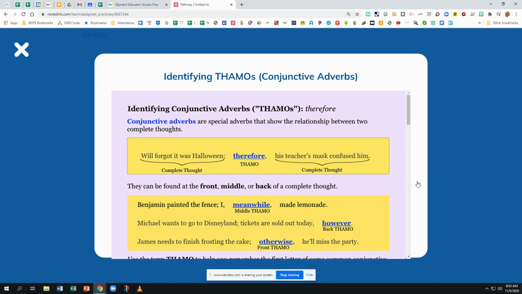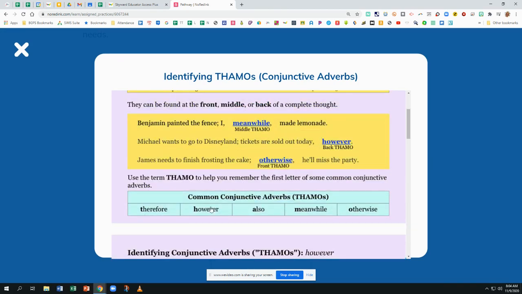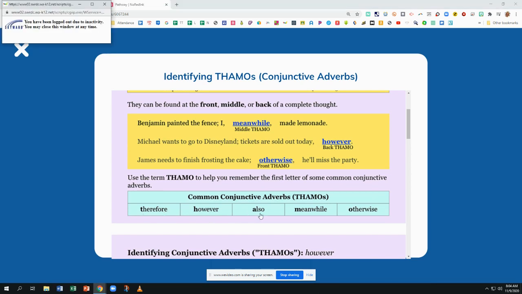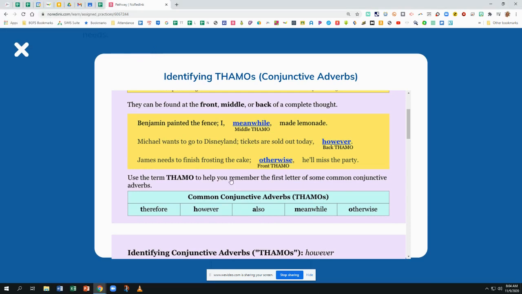So we're looking at conjunctive adverbs, right? Conjunctive adverbs, which NoRedInk likes to call THAMO, T-H-A-M-O. Those stand for the most popular conjunctive adverbs, which if we scroll down here, you'll see T stands for therefore, H stands for however, A stands for also, M stands for meanwhile, and O stands for otherwise.